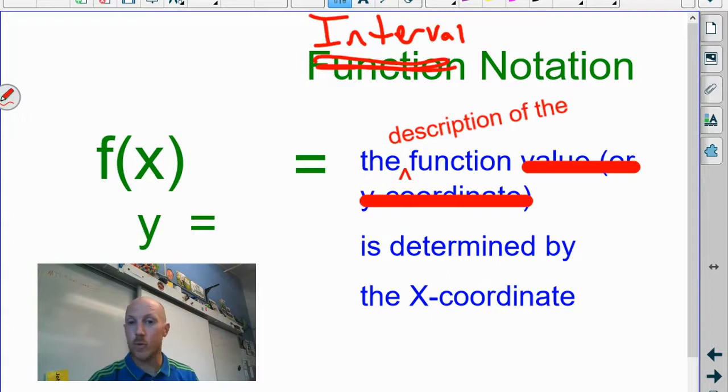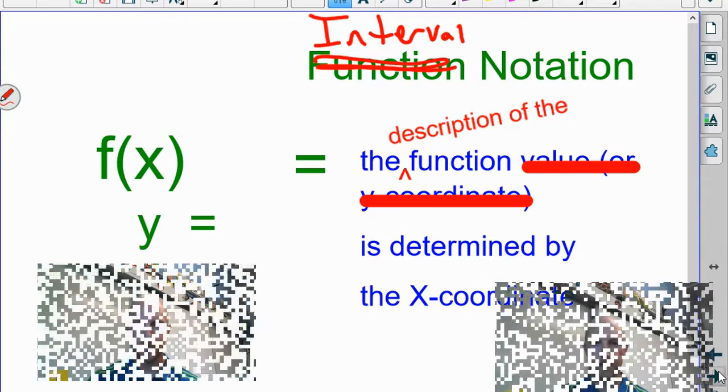Okay, so descriptions, things like, for example, what we saw in the do now, whether a graph is increasing, decreasing, constant. There's some other things we could look for, but those descriptions are determined by the x-coordinate. So the only way we're going to describe functions using interval notation is by the x-coordinate.